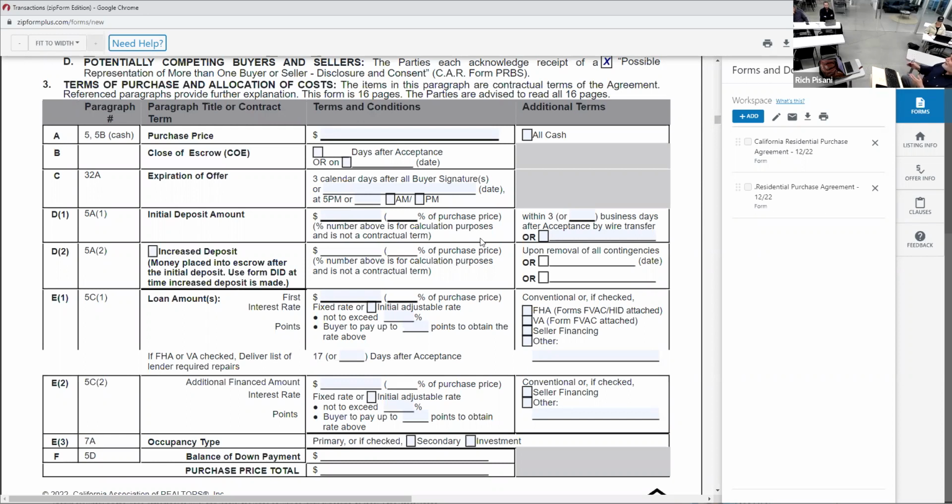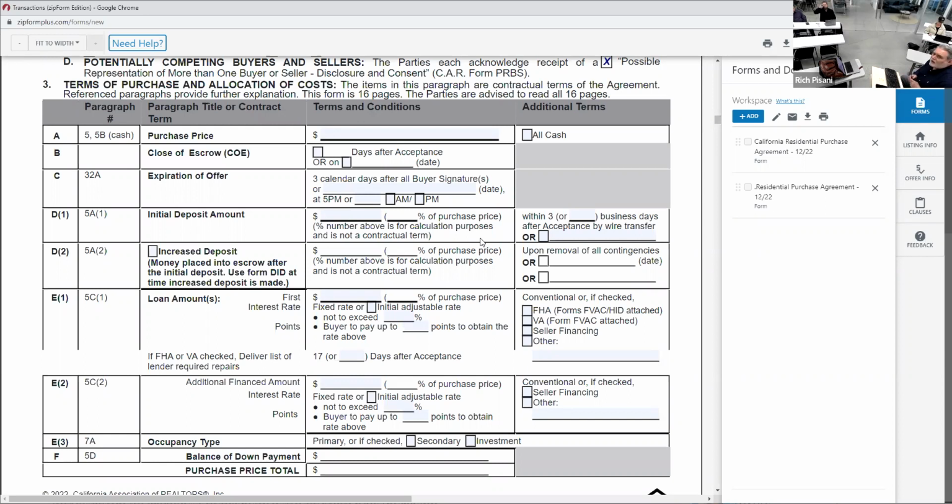So if they're at a year and 8 months, they would want to delay in order to avoid capital gains. They want to close after we hit the 2-year mark. That's just an example, or like I said, the buyer who has to close at a specific time.